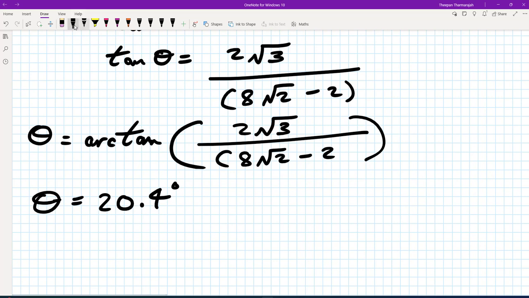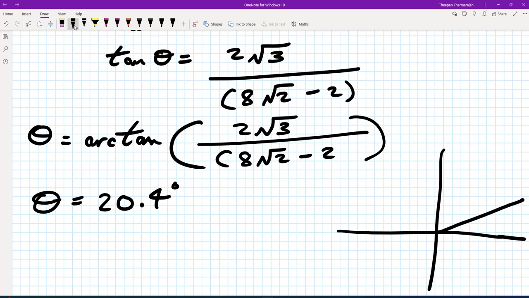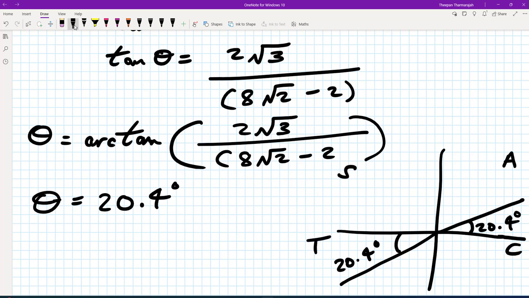So now we're going to use the cast diagram. So we're going to draw the cast diagram here and say in which quadrants is tan positive. Well, it's positive in the first quadrant, so we can write 20.4 here. And it's also positive in the third quadrant. It's very important at A level you know how to use the cast diagram properly and efficiently.